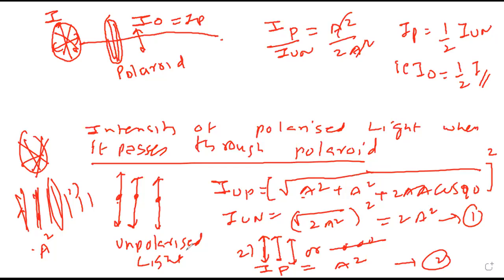Okay, now I'm showing you 3 cases. After the polarized light passes through different Polaroids, what will be the answers? With only a single Polaroid, the intensity is always half of the original. Case 1. This is unpolarized light, which has vibration of the electric vector in different directions in the same plane.